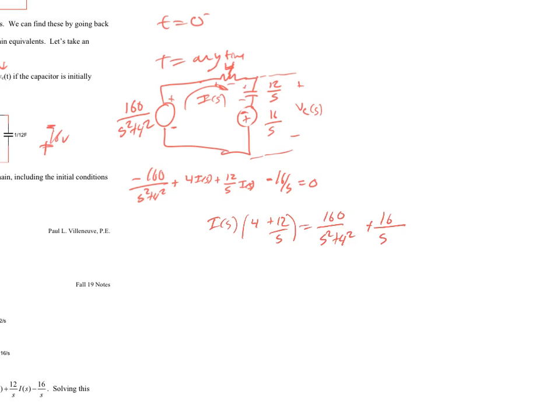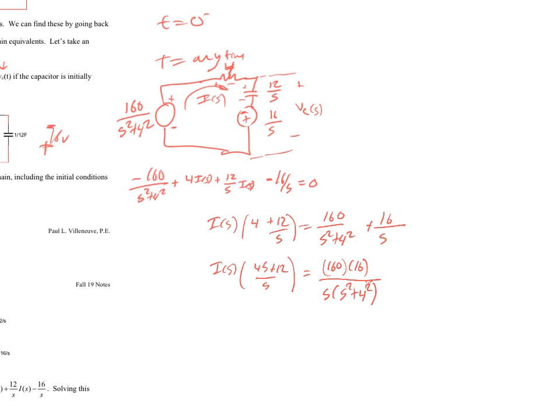Get rid of some fractions as much as we can. So I'm going to have I of S times 4S plus 12 over S equals 160 times 16 over S times S squared plus 4 squared. All right?